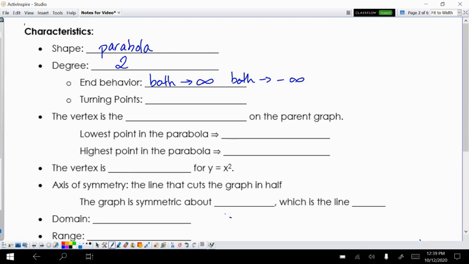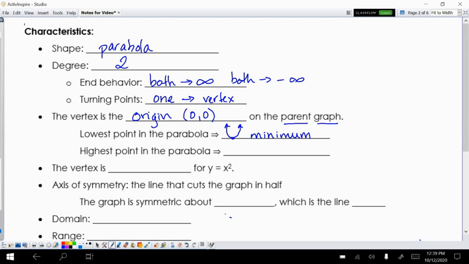The turning points, there will only be one, and that turning point will be what we call the vertex. Now, on the parent graph, that one we just graphed, the most basic parabola, the vertex is always at the origin, that point 0, 0. When the vertex is the lowest point on the parabola, when we are graphing this U shape, then the vertex is a minimum.